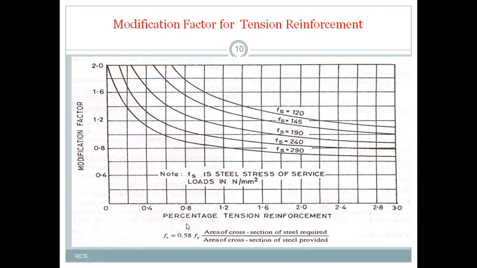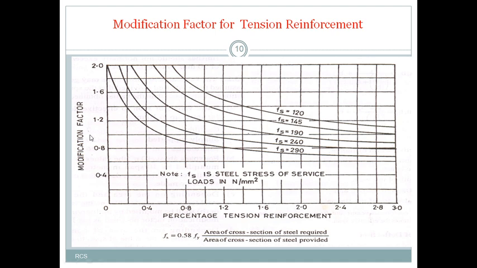Right. So we have calculated the percentage of tension reinforcement, and according to this formula, we have calculated the steel stress at service load. Say I get 0.8 percent of tensile reinforcement, and I got 190 as the Fs in Newton per millimeter square.